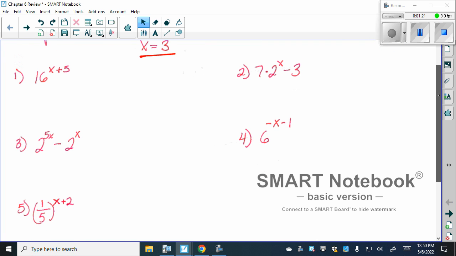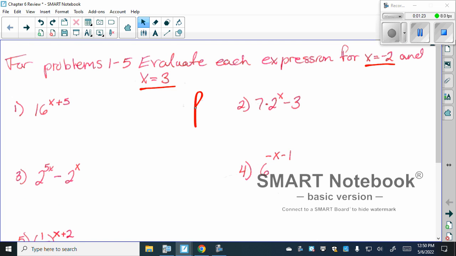So this is 7 times 2 to the x minus 3. One of the values of x that we're evaluating is -2, so we'll say 7 times 2 to the -2 minus 3.